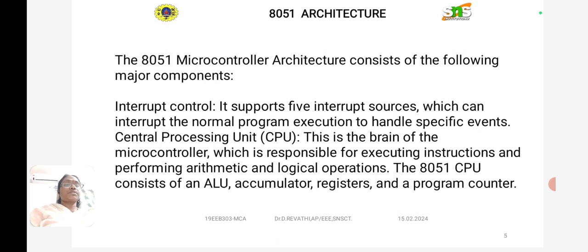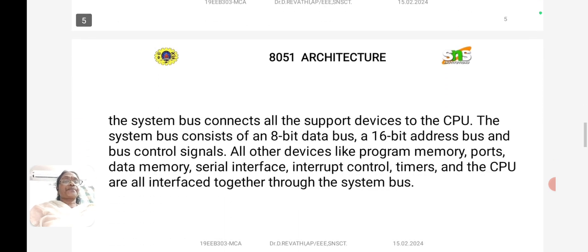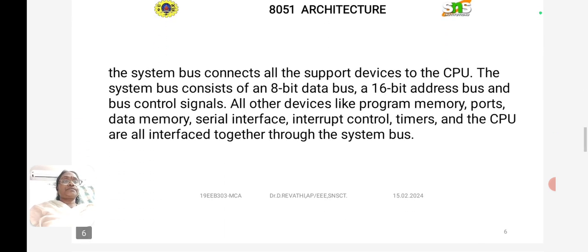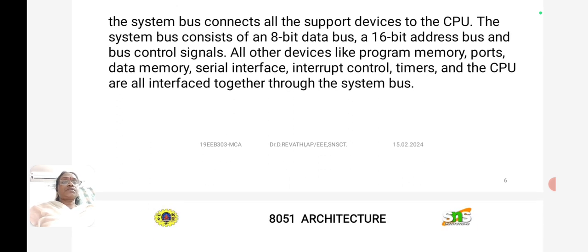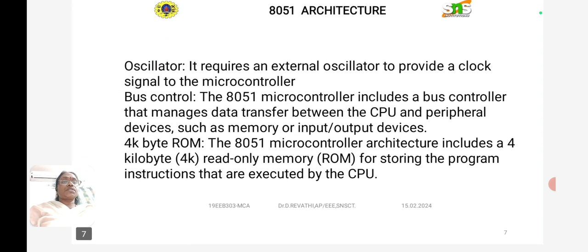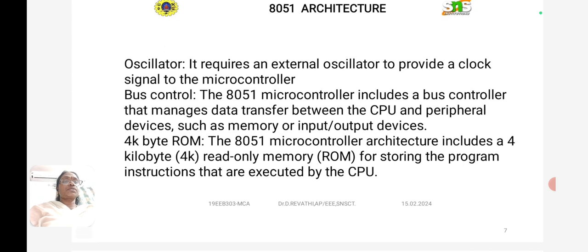In the 8051, the CPU consists of the ALU, accumulator registers, and the program counter. And the system bus connects all the devices to the CPU. The system bus consists of an 8-bit data bus, and it supports all the devices. And the oscillator, it requires an external oscillator to provide a clock signal to the microcontroller.